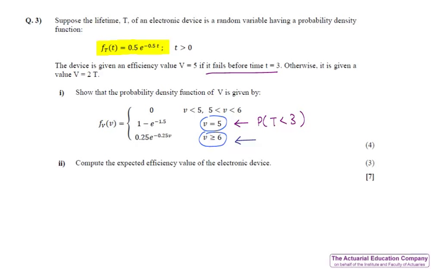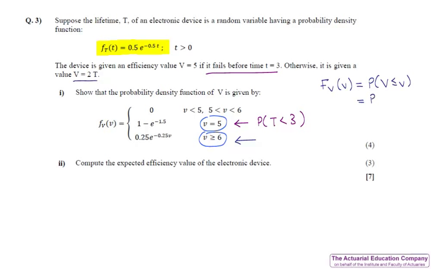To work out the PDF for the second part uses something called functions of a random variable from the end of Chapter 3. We are told that V is equal to 2t. The steps of this method are as follows. We write down the definition of the CDF of V, which is the probability that V is less than or equal to v.